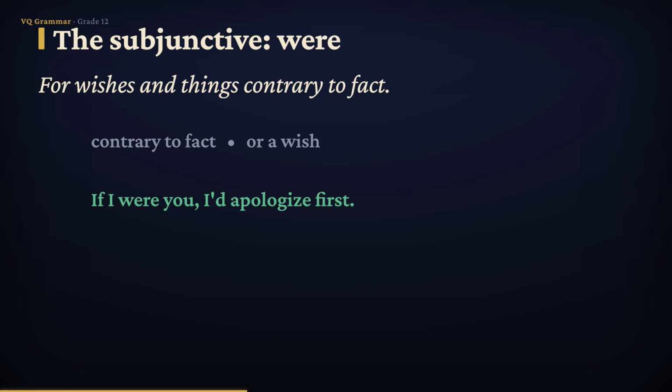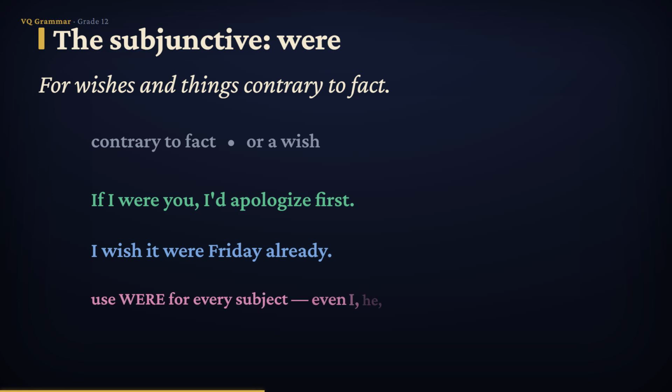But I'm not you, so it's contrary to fact, and we say were, not was. I wish it were Friday already. A wish, so again, were. This holds for I, he, she, and it, where you'd normally expect was. The signal is simple. When the statement isn't actually true, reach for were.